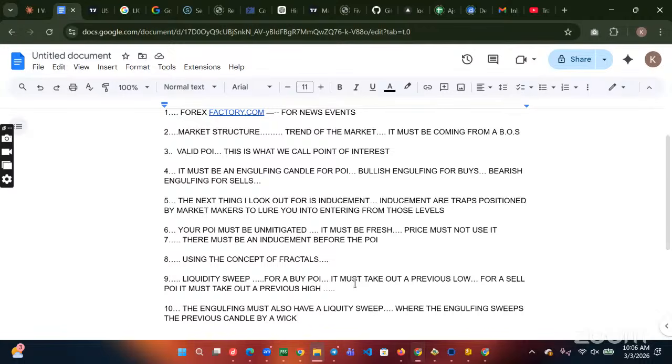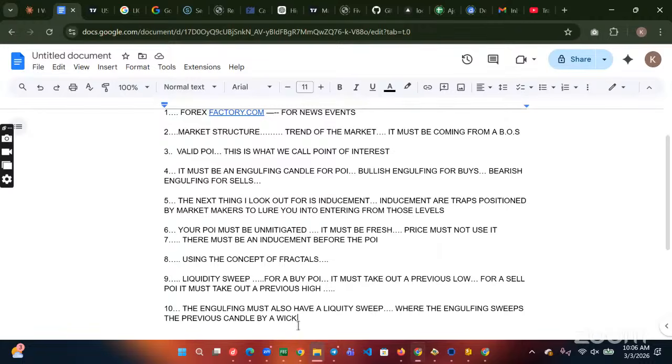If you just go through WhatsApp, you would notice there was the POI, which is the engulfing. There was the inducement. There was the sweep. And there was money.